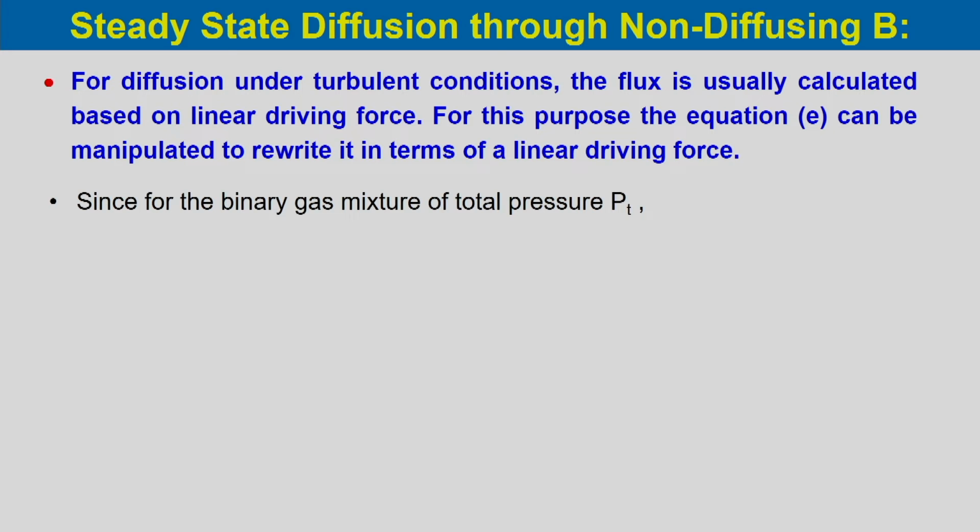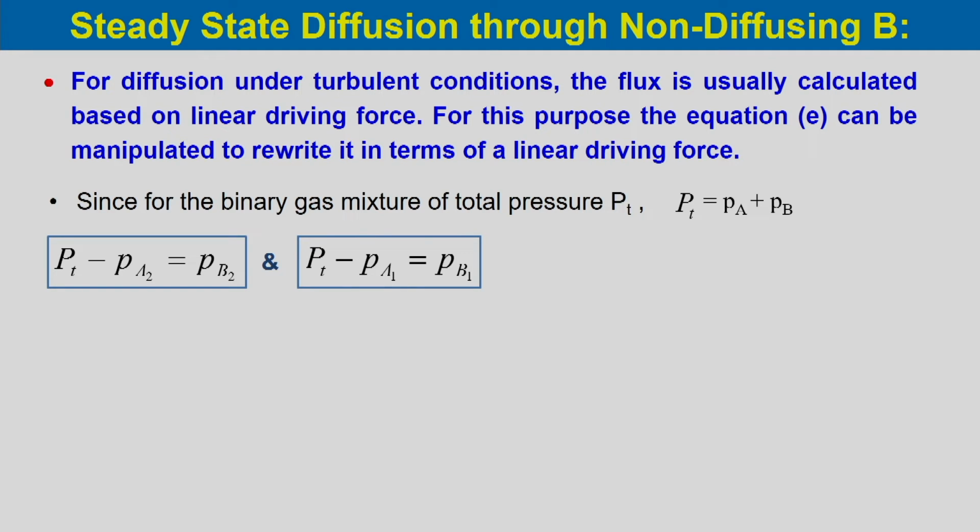Since for a binary gas mixture of total pressure Pt, we can write Pt is equal to Pa plus Pb, where Pa and Pb are the partial pressures of component A and component B, we can write Pt minus Pa2 would be equal to Pb2 and Pt minus Pa1 would be equal to Pb1.